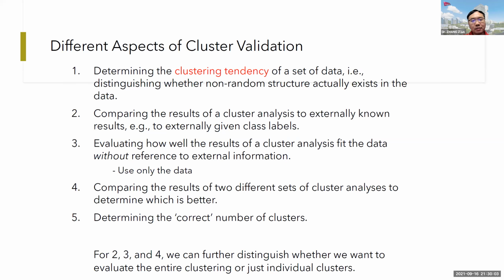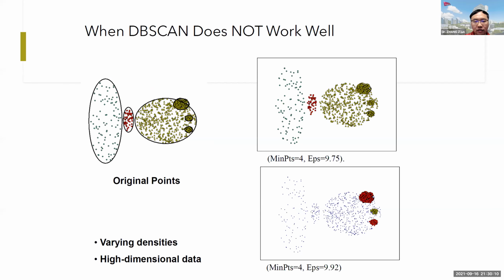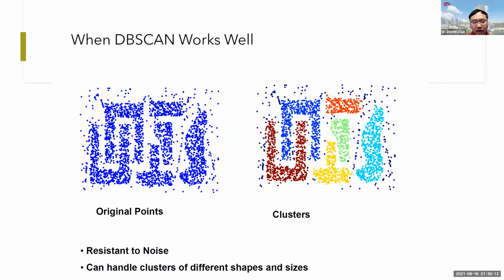So we finished three algorithms: DBSCAN, hierarchical clustering and k-means. Any comments about DBSCAN?